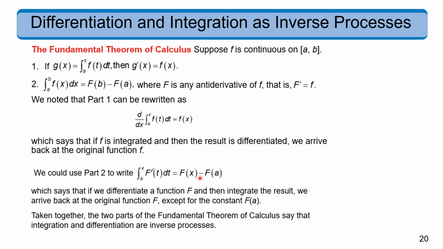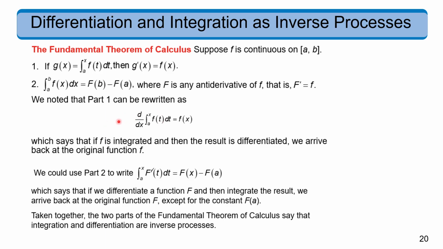So it's almost, except for that constant, the derivative and integral sign canceled each other out and gave us F back. Notice here the order though. First we're taking the derivative and then we're integrating. Whereas in part 1 it was the opposite order. First we integrated, then we took the derivative.